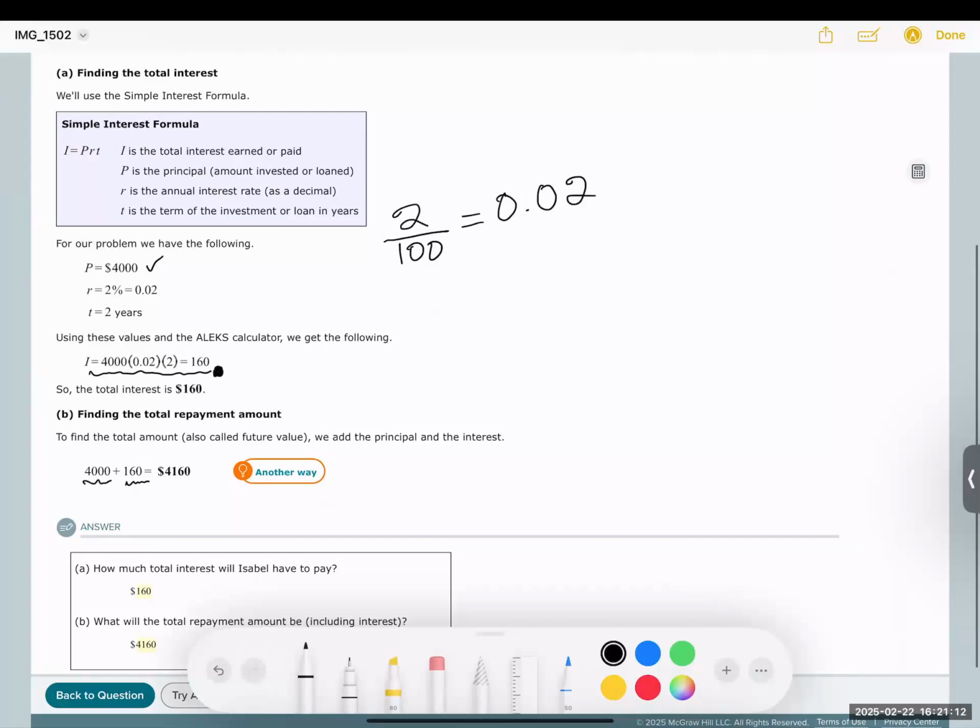And that's the total interest that Isabel will pay. You insert that into the first box in ALEKS, and then you add 160, which is the interest that is added on to the loan amount, and you get $4,160.